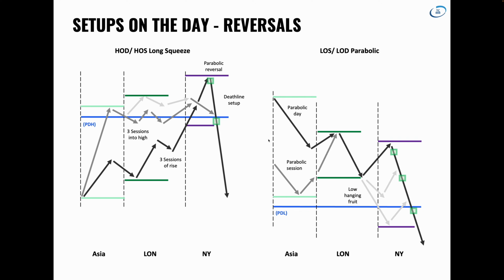That means potentially Asia puts in a high, London puts in a low, London puts in a high, then it coils into the New York session, and then it breaks down and goes into a range expansion, and then you have this peak formation high, peak formation low, one range expansion as a potential target for your trade. And this is then very high probability if this is in line with your higher time frame thesis.